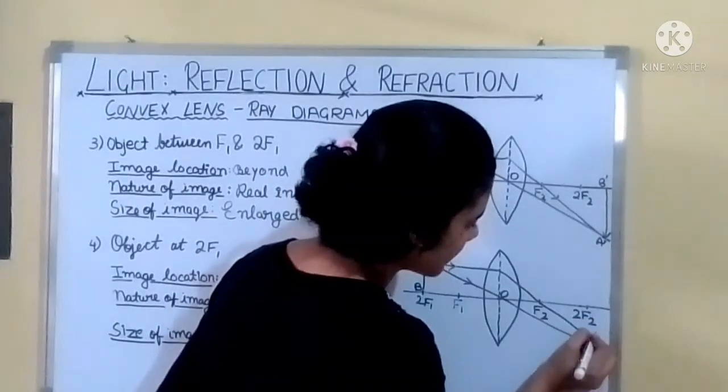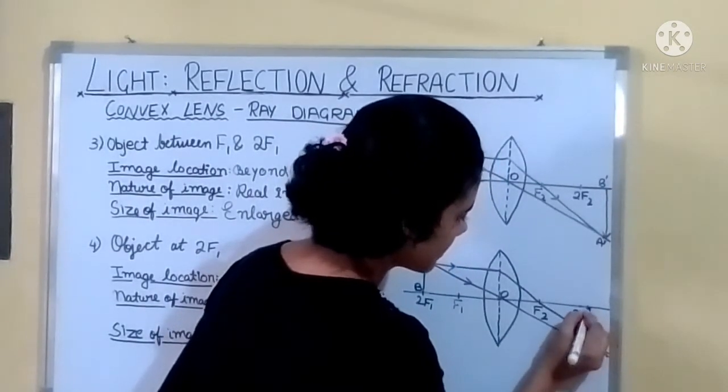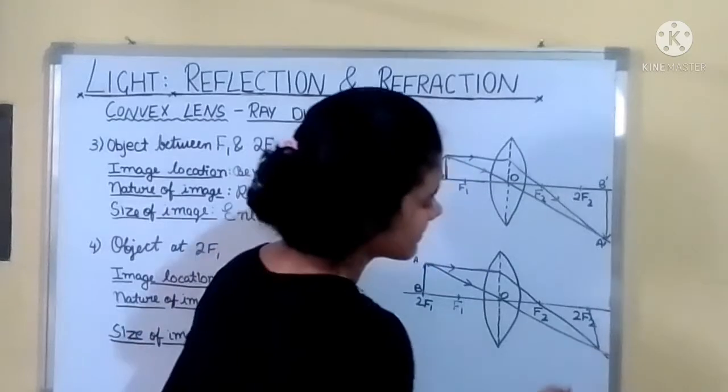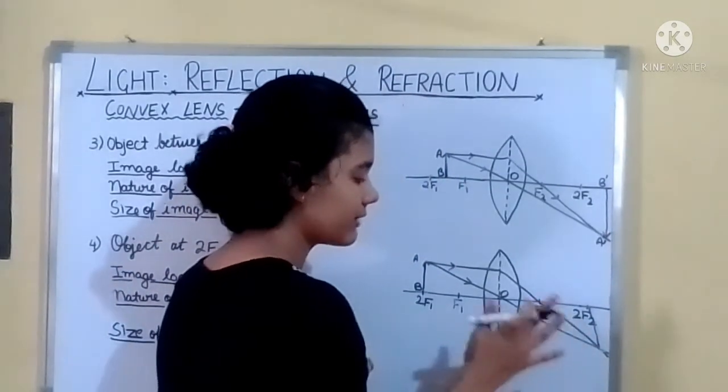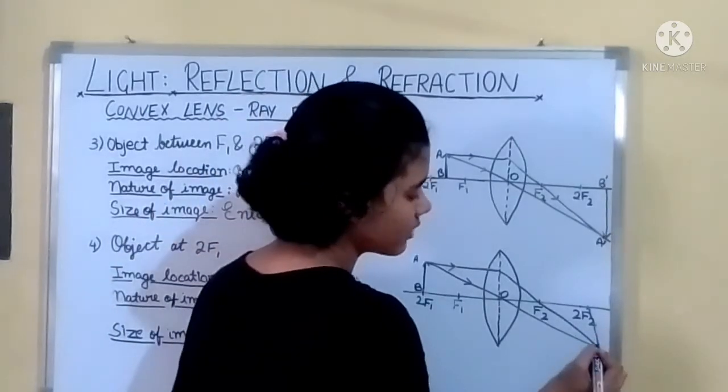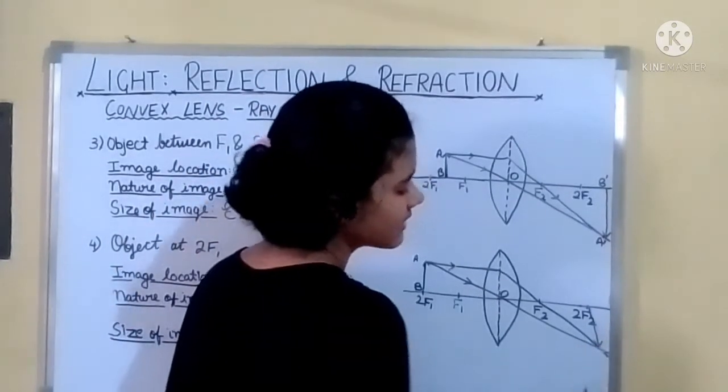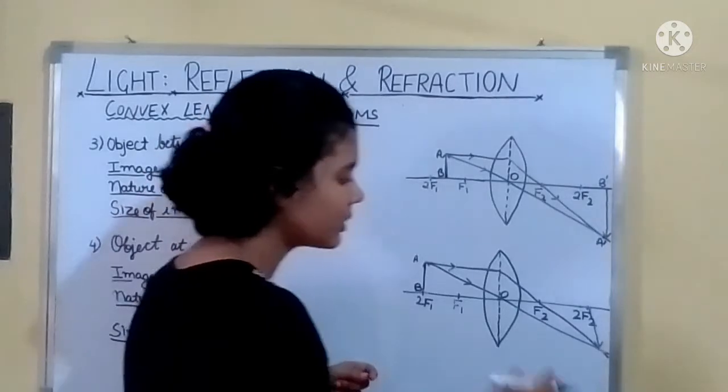The two refracted rays are intersecting at this point, and the image is formed at 2F2.